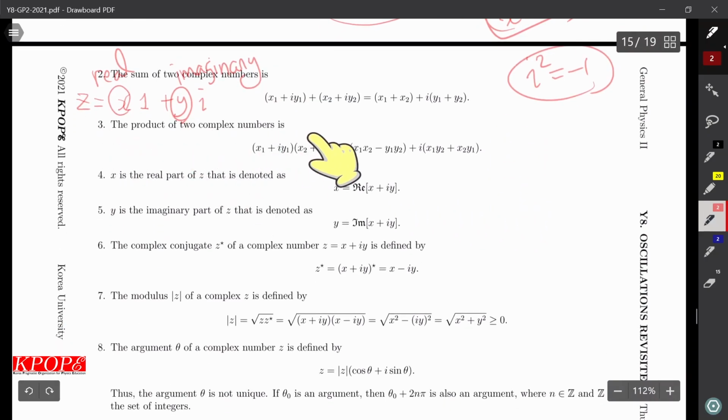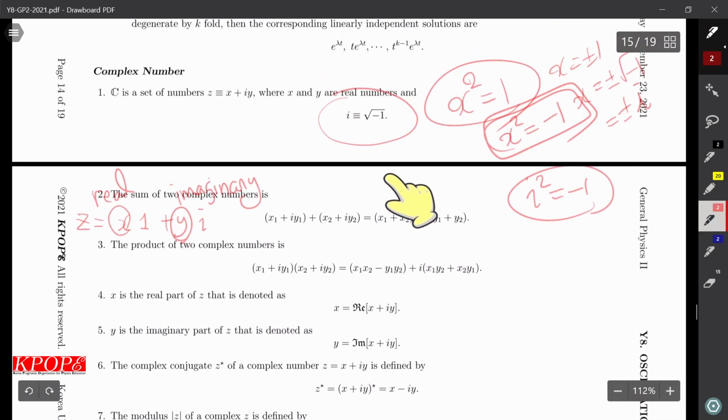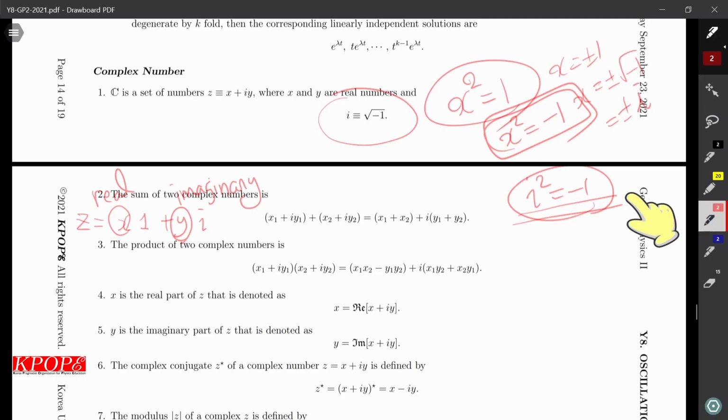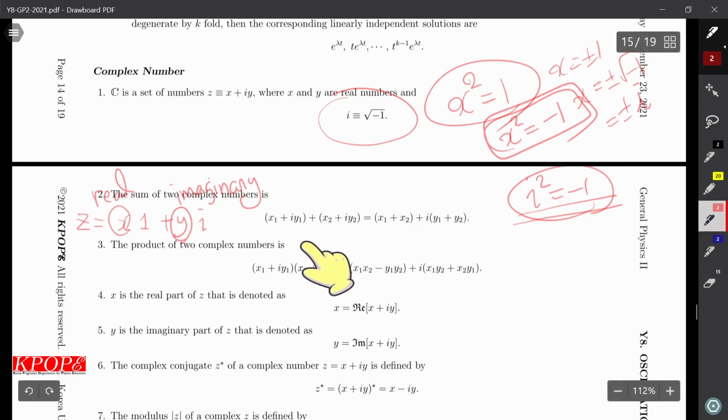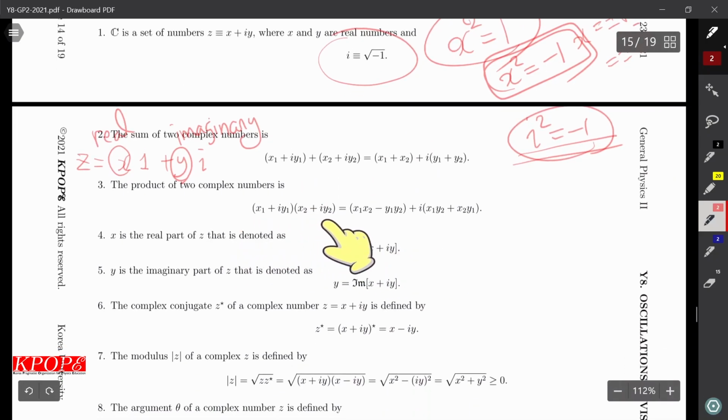A product of two complex numbers can be done by making use of the identity from the definition of i, so i squared is -1. If you multiply two complex numbers, real x1 x2, imaginary i squared is -1, so y1 y2 with a negative sign on it. And for the single i terms, x1 y2 and y1 x2, the result is like that.